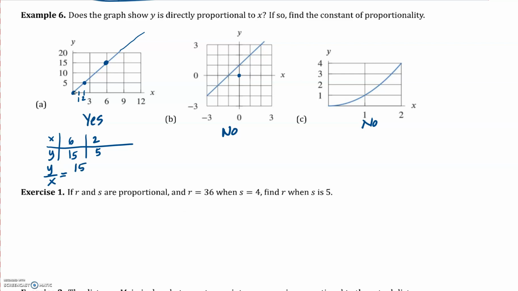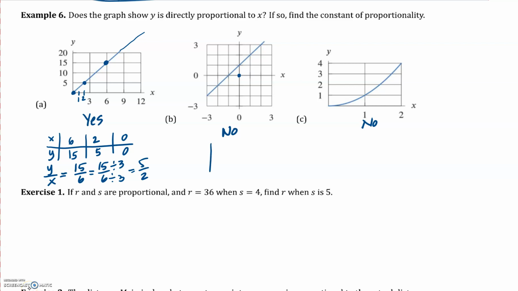So this would be 15 over 6, which if you divide by 3, you would get 5 over 2. And 5 over 2 is the same as the other one. So every time you divide, you get the same constant, so it's proportional. Notice how you can't test 0 over 0 because 0 over 0 is undetermined, but it does go through the origin.